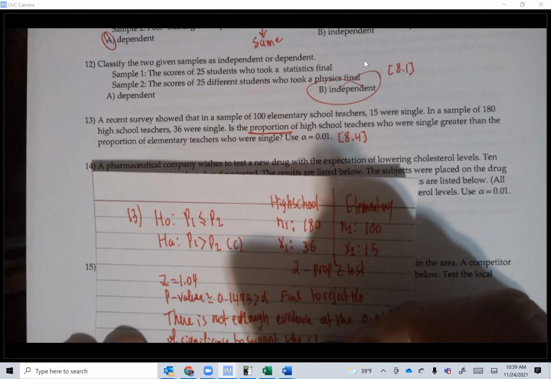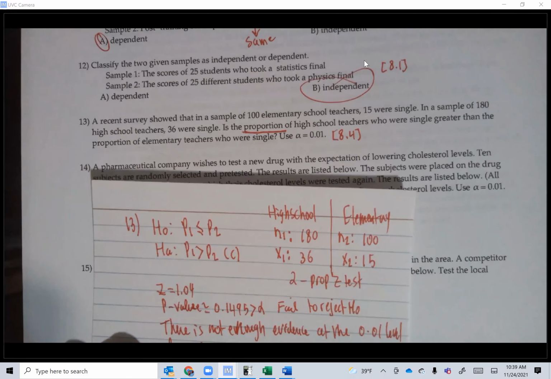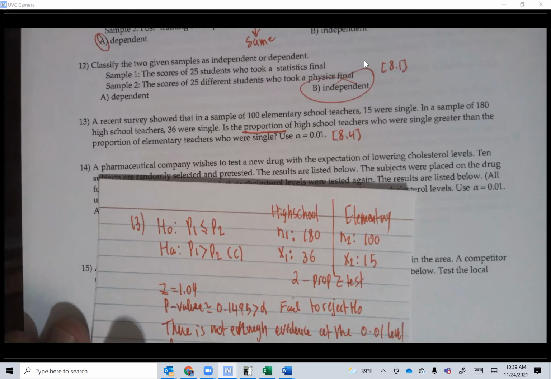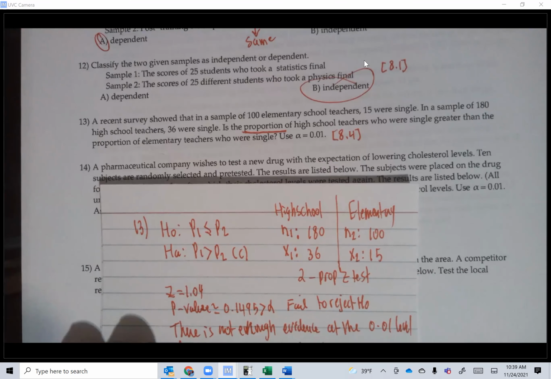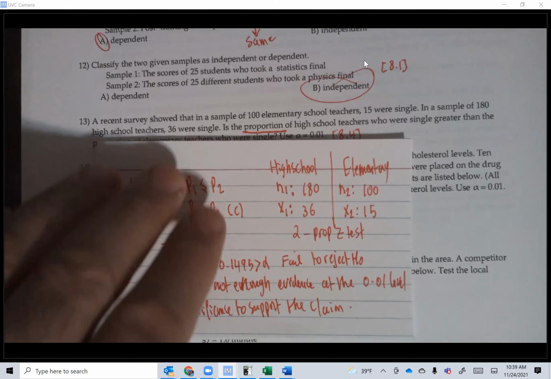We cannot support the claim that the proportion of high school teachers who were single is greater than the proportion of elementary teachers who were single. That is the claim. Any questions, guys? That's number 13.